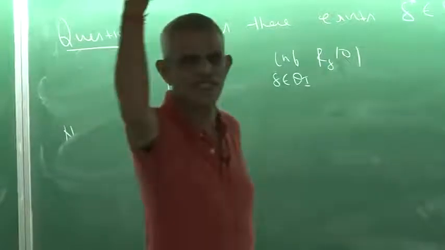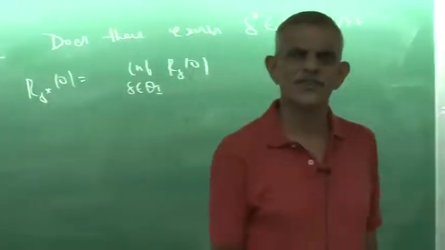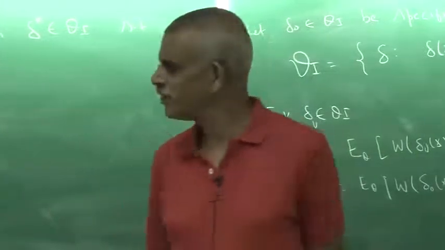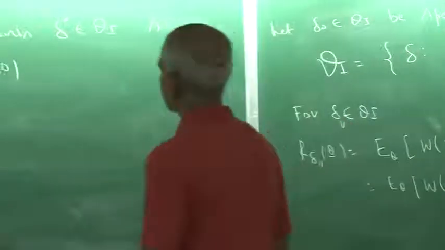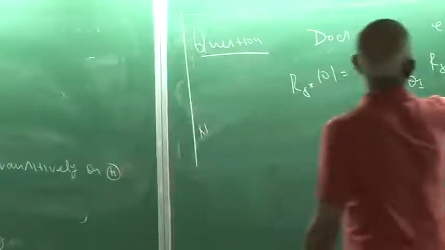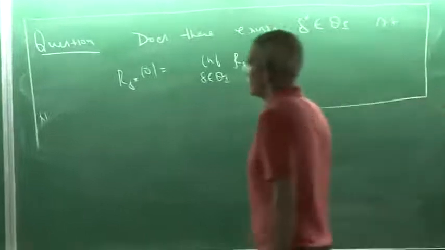So I don't have to minimize it for every theta, because it does not depend on theta. If you minimize it only at one point, theta equal to 0, you're done. So this is the goal. The whole problem has simplified only to this fact.